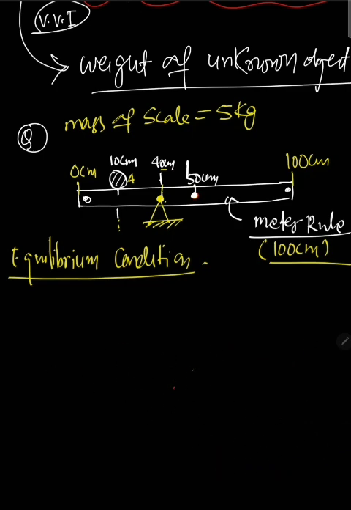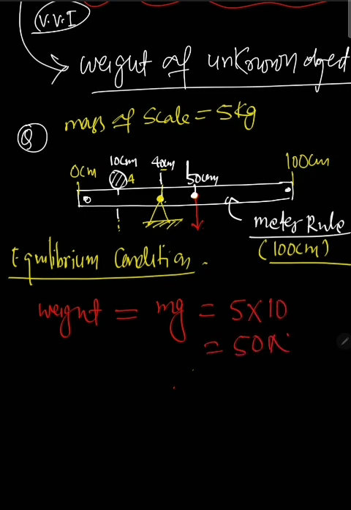Now, the weight of the scale is acting at this point. They haven't given the weight, they have given the mass. So what is the formula for weight? W equals M into G. M is 5, into G, we have to take 10, so it will come to 50 Newton.